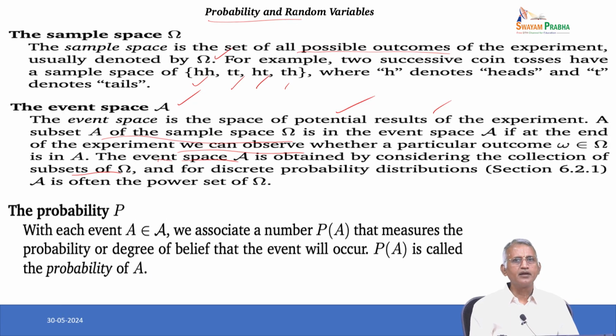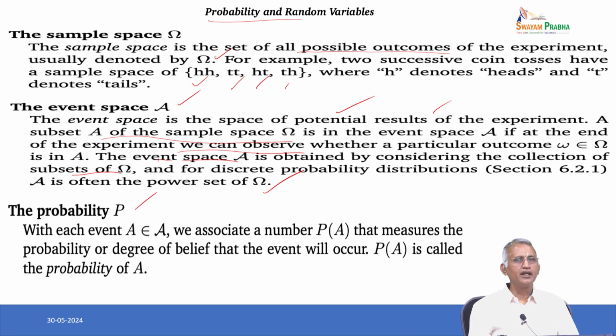For a discrete probability distribution, A is often the power set of omega. So, that is the meaning of event. Head only, tail only, or anything in the sample space is said to be an event.